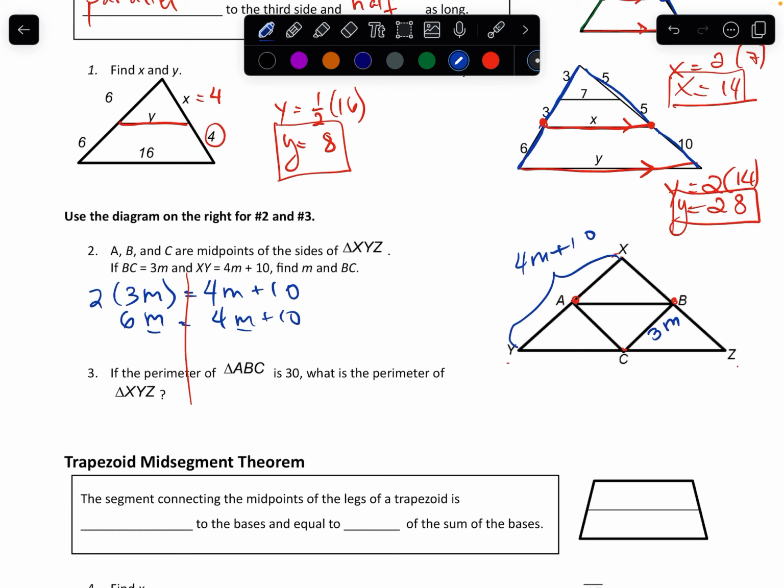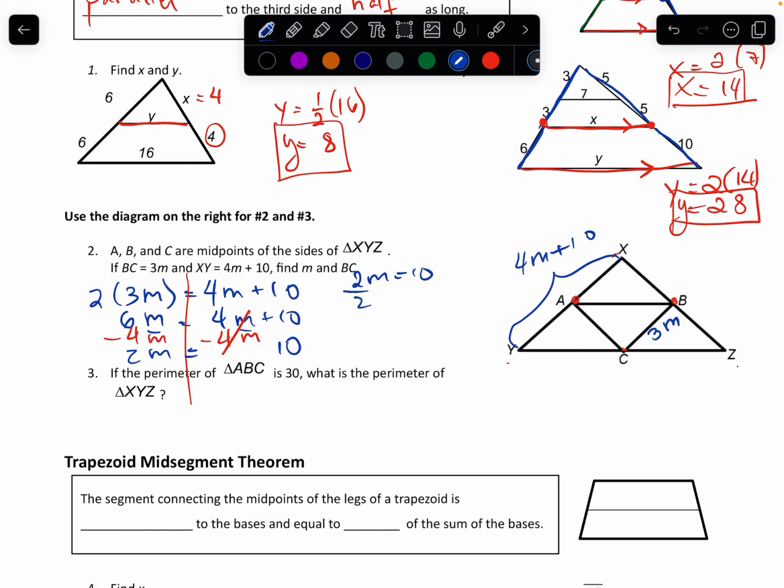So now, I have an m here and I have an m here. So I'm going to move this 4m to the other side right here, and that cancels out, and I should get 2m equals 10.